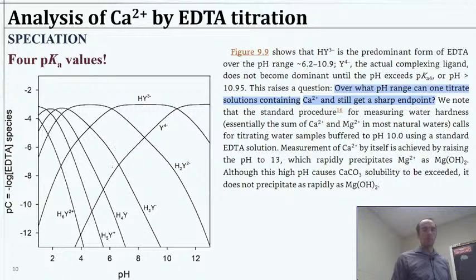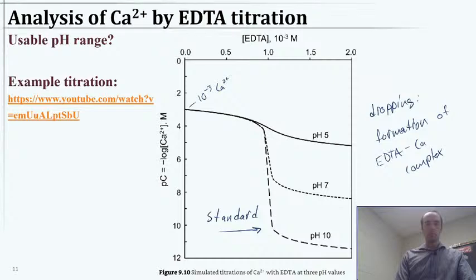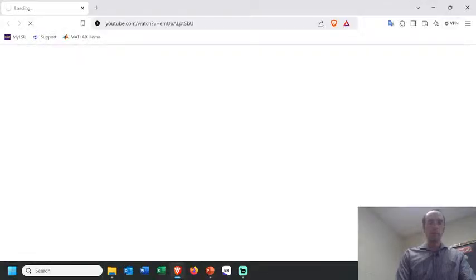And even just down here, it would be so slow to transfer into enough Y4 minus that it just wouldn't be practical. So that's why we see what we saw in this pH graph. Okay, so I want to just watch a quick video to see how this is done.